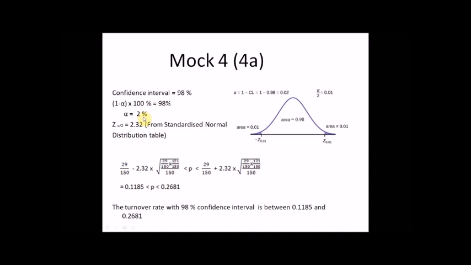Alpha equals 2%. The standardized normal distribution table can only show the probability of one side of the diagram, so we have to divide alpha by 2, which equals 0.01. That means one purple area equals 0.01. It is the probability of occurrence of the purple area.